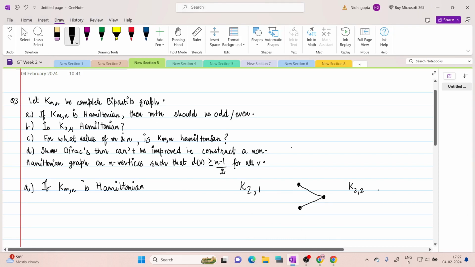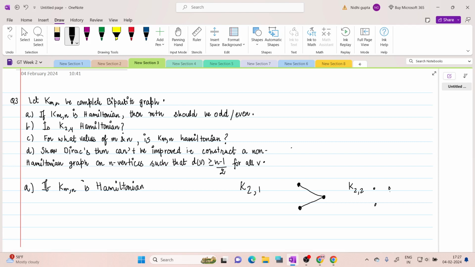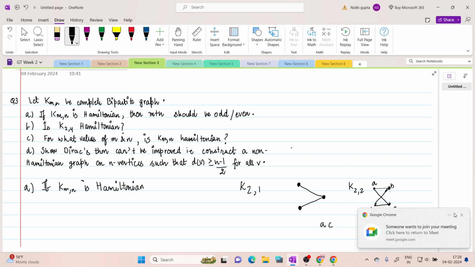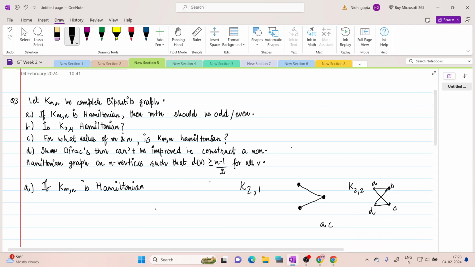It is working for that example. So if you are saying K_{2,2}, it is this, basically, and you are saying this is Hamiltonian. Yes, it is Hamiltonian, right? If this is K_{2,2}, your Hamiltonian cycle is basically ACDBA.